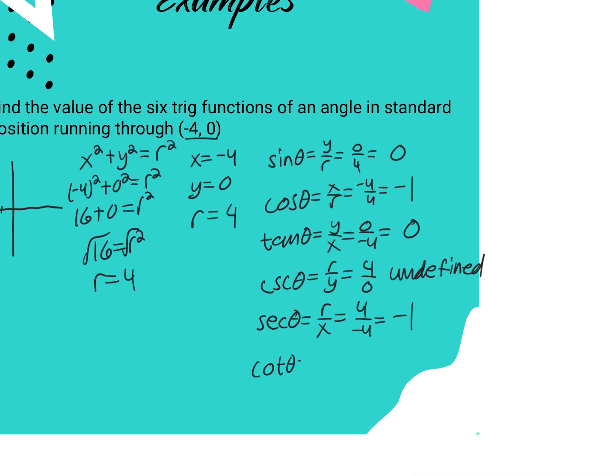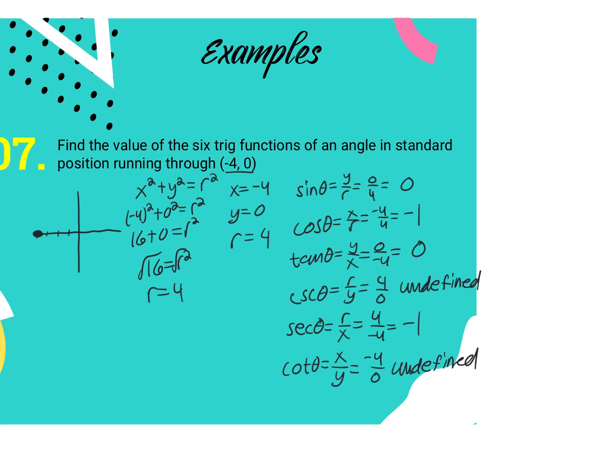And then cotangent of theta would be x over y, which is -4 over 0, and we have a 0 on the bottom again, and that's also undefined. So those are our 6 trig ratios for this particular problem.